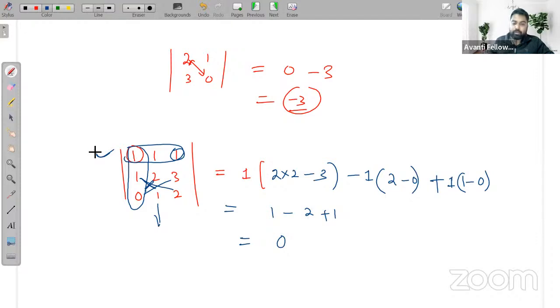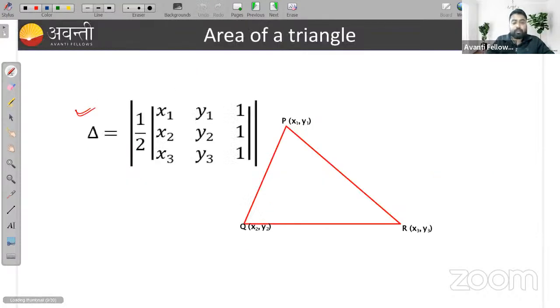Clear? Okay. So this is the formula for the area of the triangle using the determinant. Mod of 1 by 2 into the determinant of x1, x2, x3, y1, y2, y3, 1, 1, 1.